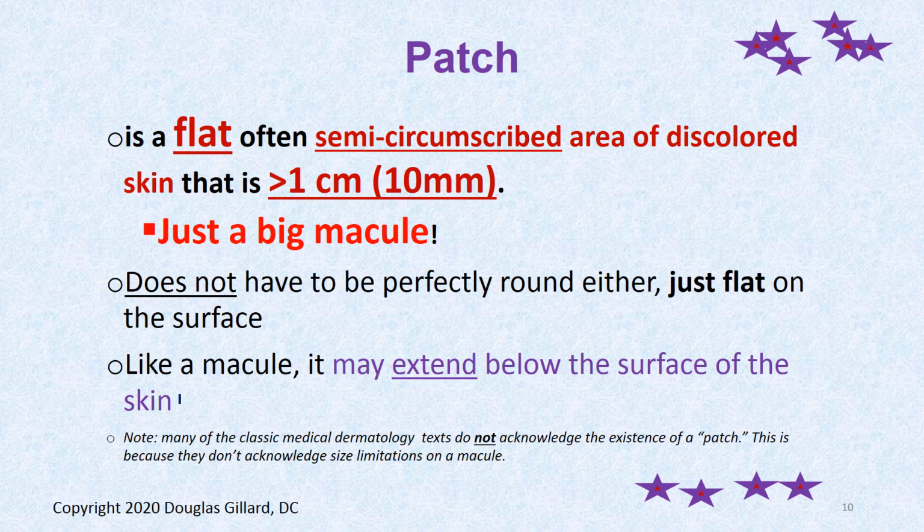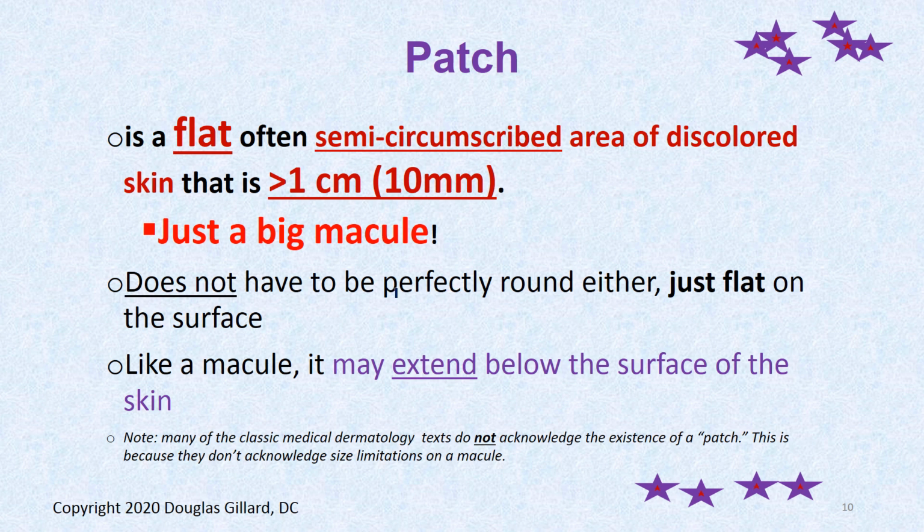But I know some of you are thinking, what if it's over 1 centimeter in size and it's flat? Then it's called a patch. Patch is flat, same thing. It could be different colors, but a patch is nothing more than a big macule. It's bigger than 10 millimeters, or bigger than 1 centimeter.